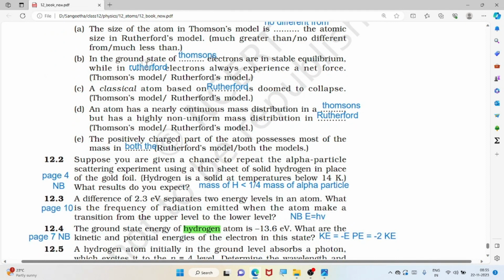In the ground state of Thomson's model the electrons are in stable equilibrium, while in Rutherford's the electrons always experience a net force.